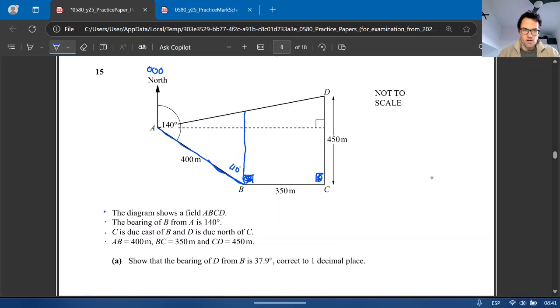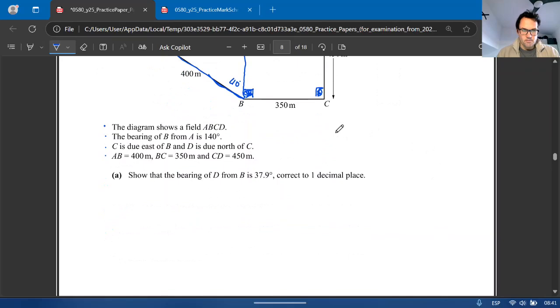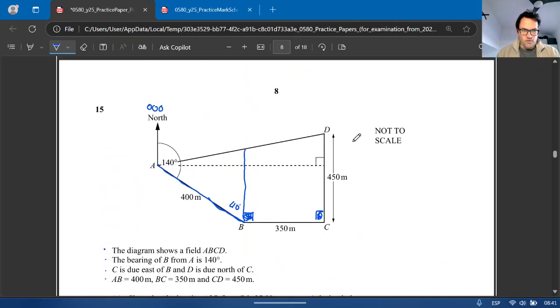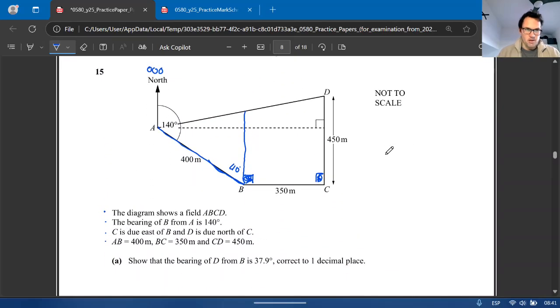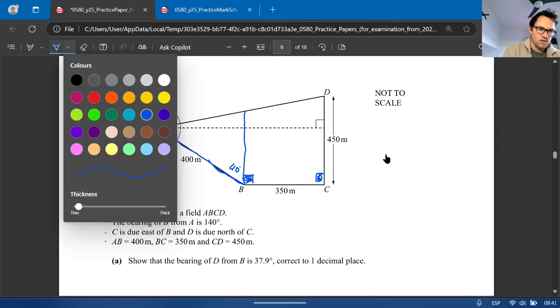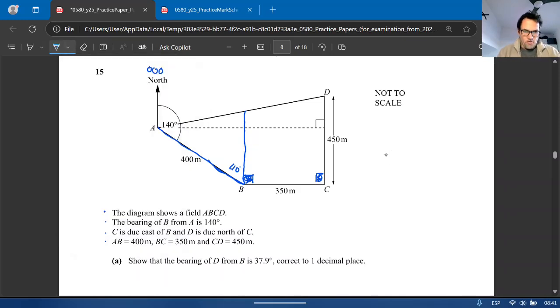Let's see the question. Show that the bearing of D from B, let's change the color a little bit. Of D from B means we're going from B to D. What is the bearing? Well, they're giving us the answer there, which has been rounded to one decimal place.